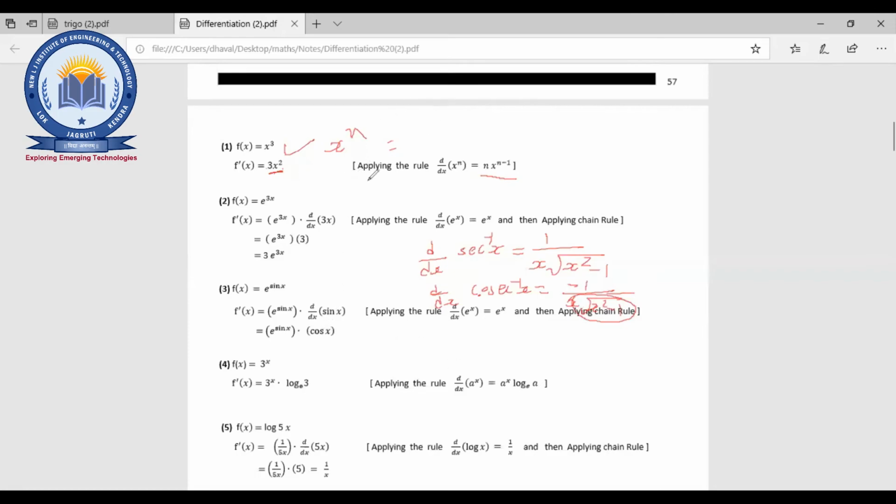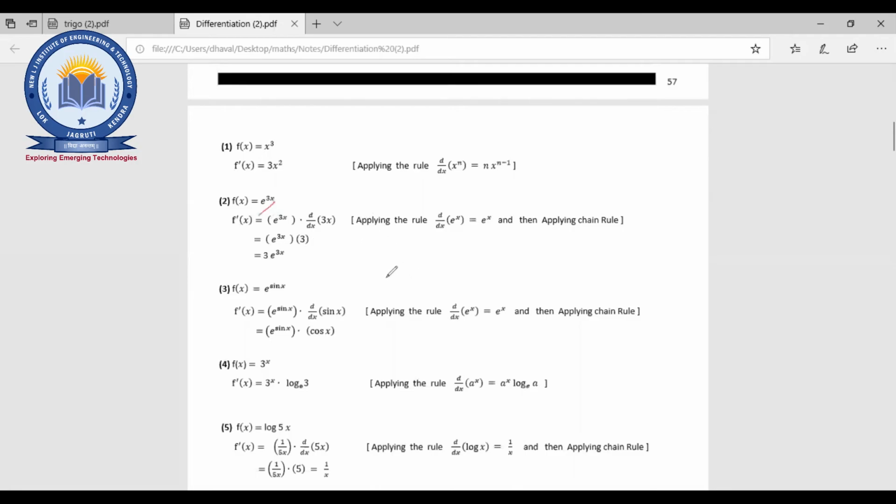Now x cube was the simple one. The other one is the chain rule. Chain rule means that when there are two different functions and you are supposed to find the differentiation, say for example e raised to 3x.